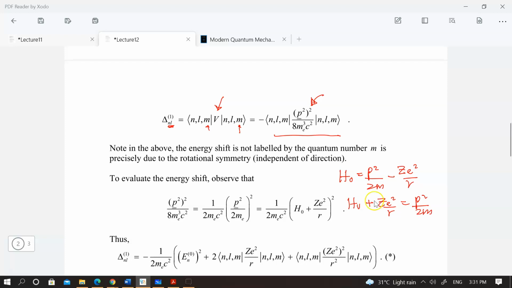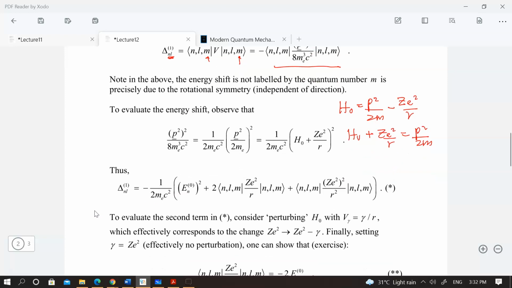So what do we have in this particular case? For your H naught, we can evaluate directly because H naught is the unperturbed Hamiltonian acting on the unperturbed state. So that will just give you E n naught squared.